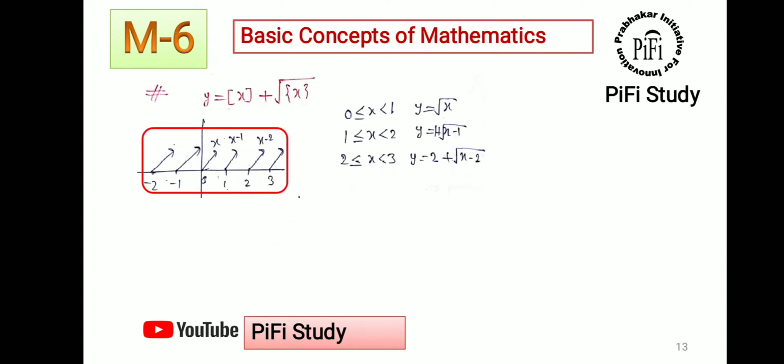From 0 to 1 you will get fractional x as y is equal to root x. For 1 to 2 the value of greatest integer is 1, and fractional x is root x minus 1. So similarly you can do for 2 to 3.